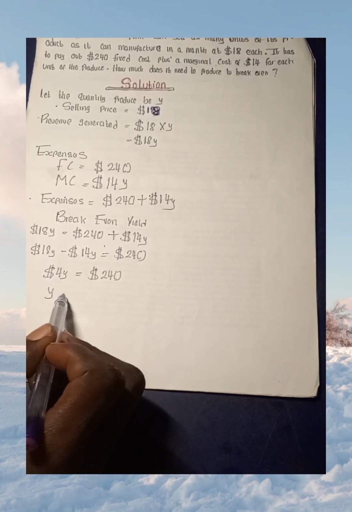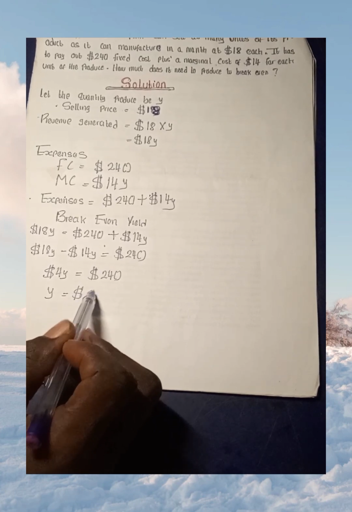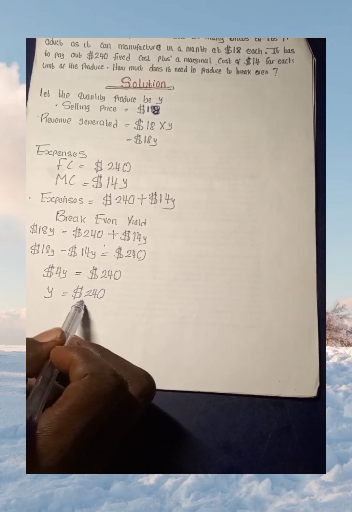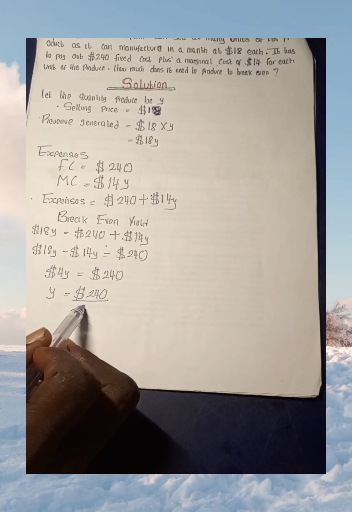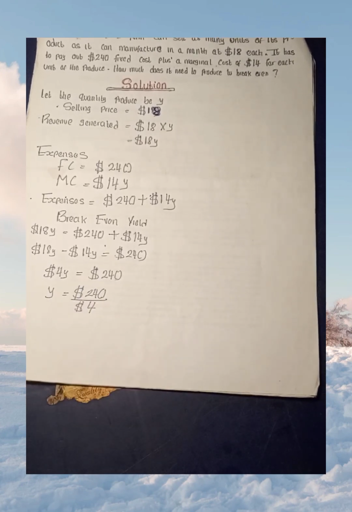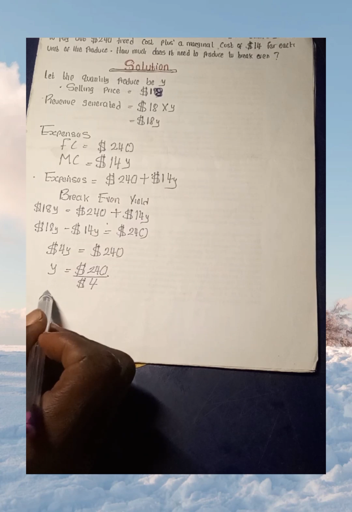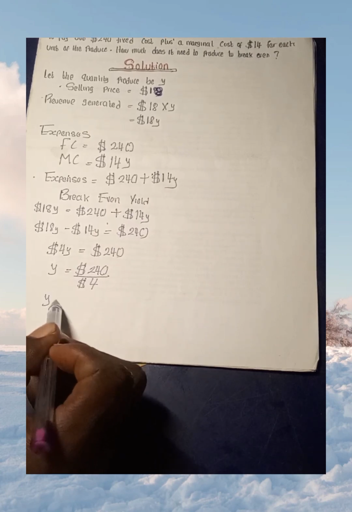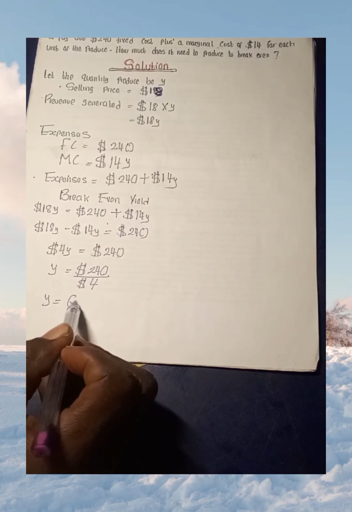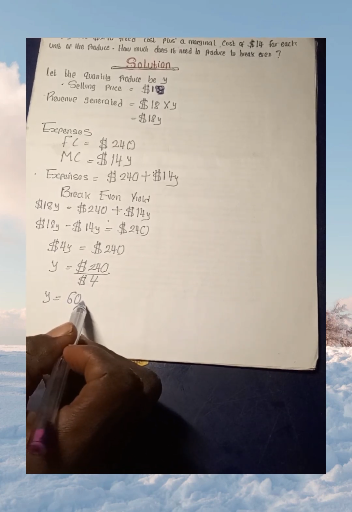So y is equal to 240 all over 4. Dollar with dollar, so the dollar cancels the dollar, and we are going to have y equal to 60. So y equals 60 units.